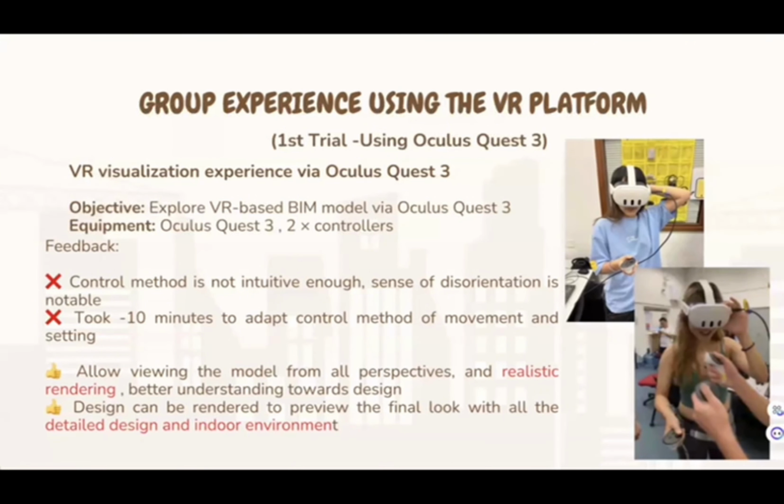At the beginning, we felt it was non-intuitive and spent around 10 minutes to adapt, and some disorientation occurred during our first trial. After getting used to the Oculus Quest 3, we found that the device allows us to view the model from all aspects and allows realistic rendering. And the design can be rendered to preview the final look with the detailed design and indoor environment.